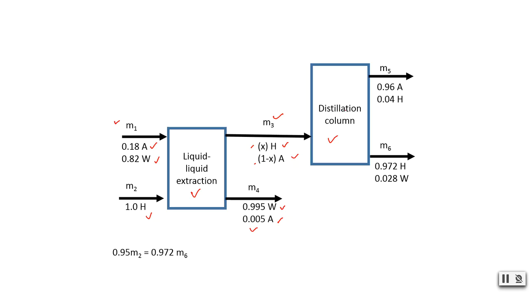The distillation separates it into two streams. The distillate, rich in acetic acid, is on top as M5, and the bottom one, M6, contains hexanol, which equals 95% of the total hexanol in M2. So this is another equation.